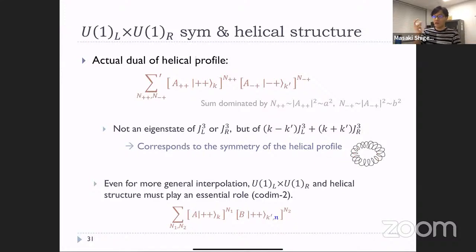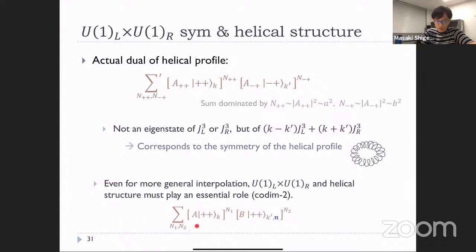So you have a helix with different pitches for the 2 planes. And because of that, you have to choose some particular combination of rotations so that this helix is invariant. Although this is not visible in our setup because we have smeared. But even for the more general interpolation that I mentioned at the very beginning, this structure must be crucial.